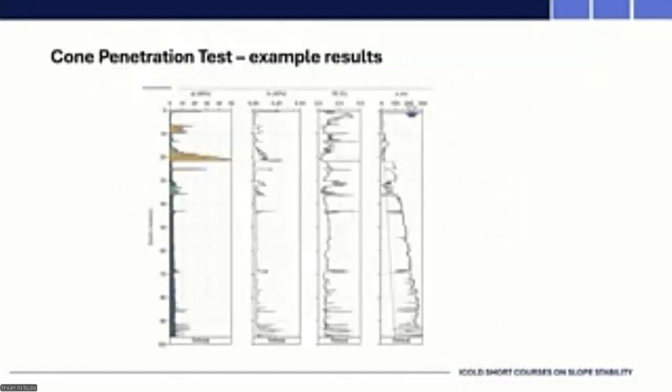So here's an example. On the left, you've got tip resistance. The second from left is the friction sleeve. The next one is the friction ratio. And then one that's probably worth dwelling on for a second is the pore pressure.